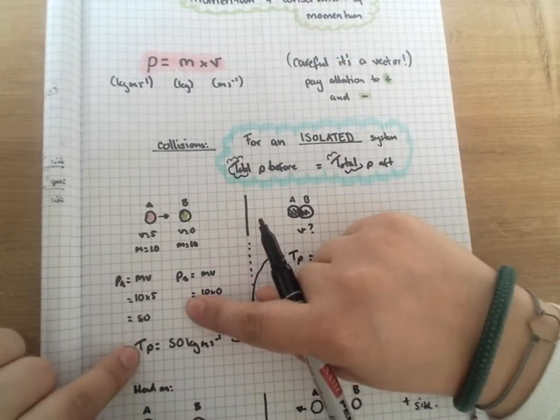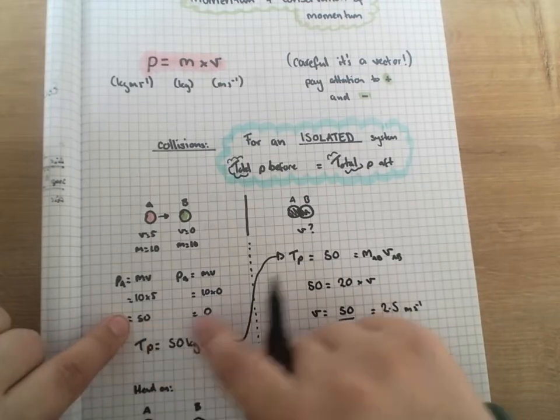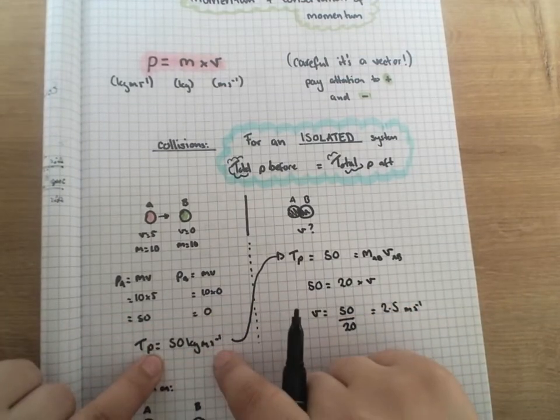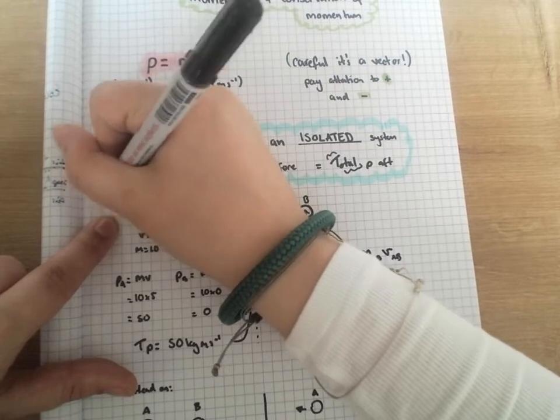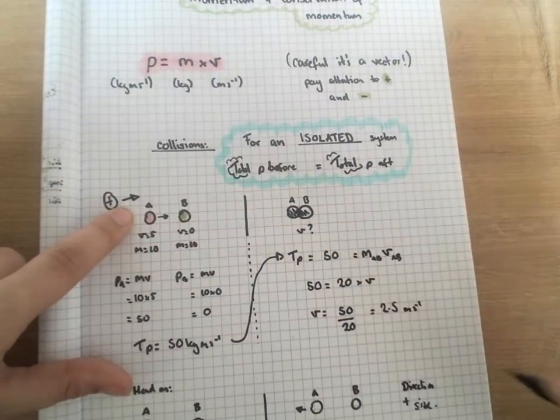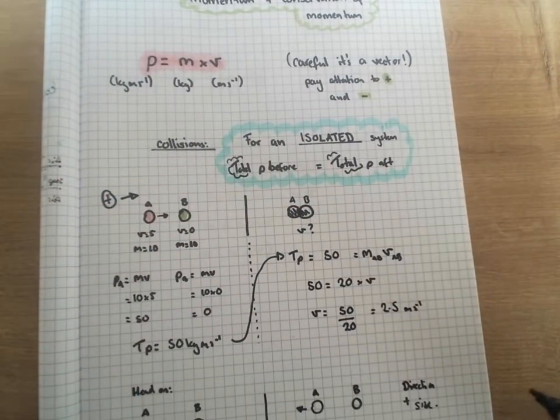So the total momentum, 50 plus 0, is 50 kilograms meters per second. I should also notice at this point I have said that my positive direction is moving to the right. So I decide the positive direction.